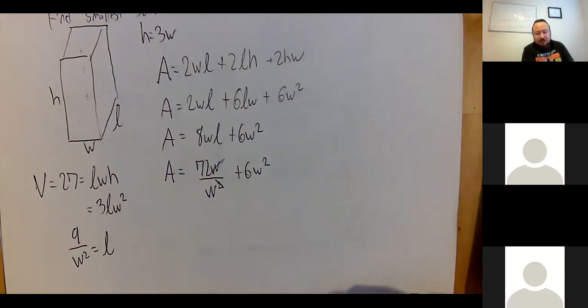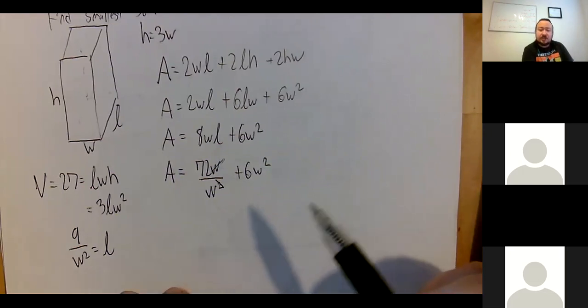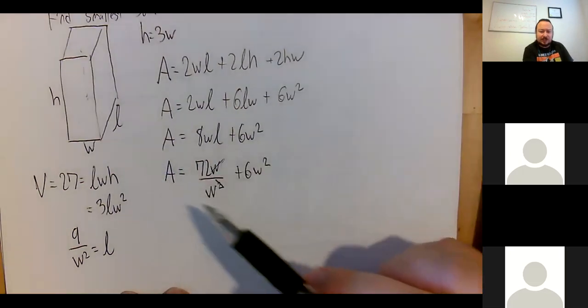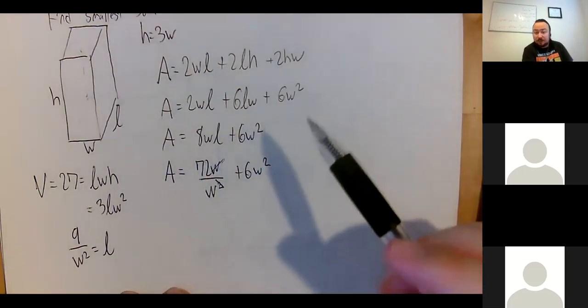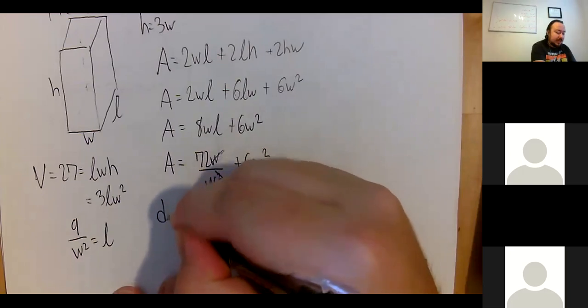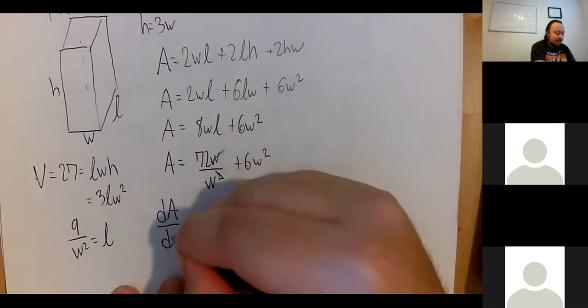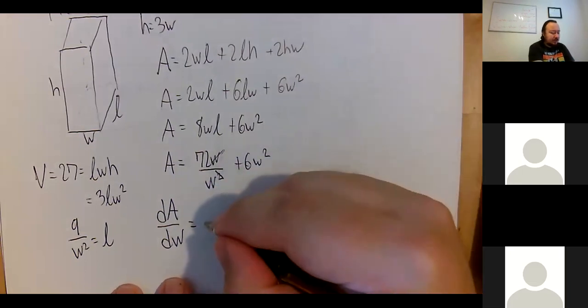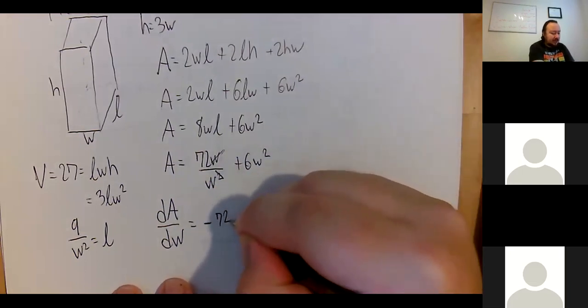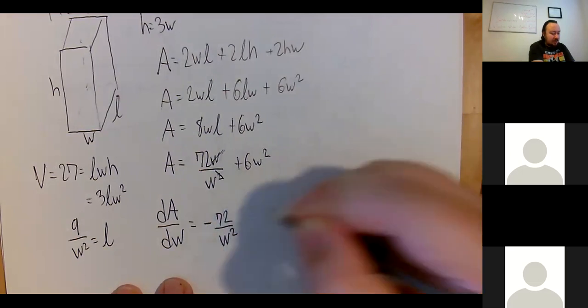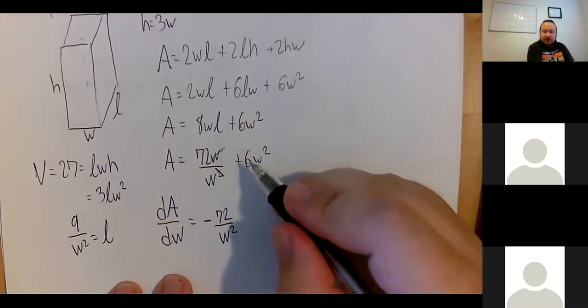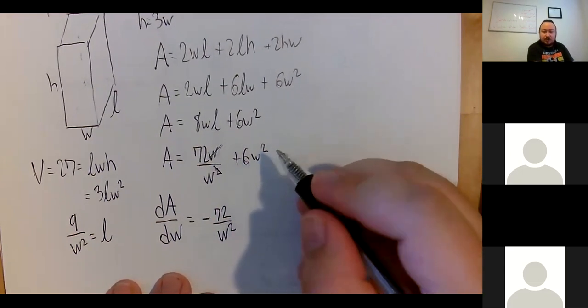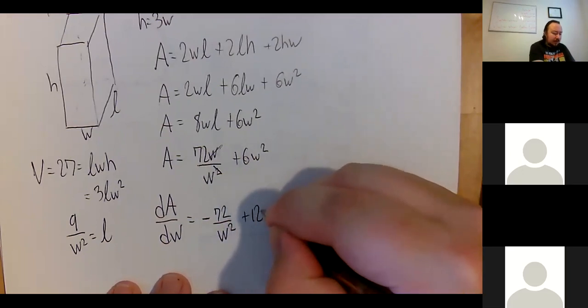So now that I only have a single variable, I'm going to take the derivative of this and see where the critical points are. So dA/dW, let's see, we have 72 over W. The derivative of that will be negative 72 over W squared. And the derivative of 6W squared will be 12W.